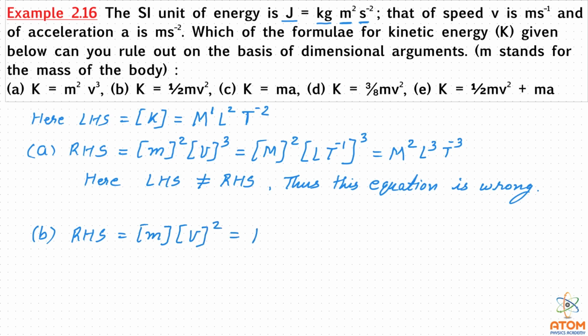Obviously the dimensional formula of mass will be capital M, and for velocity it is L T minus 1 and whole square. So solving this as a whole, we will get M1 L2 T minus 2, which you can see is exactly same as the left hand side.